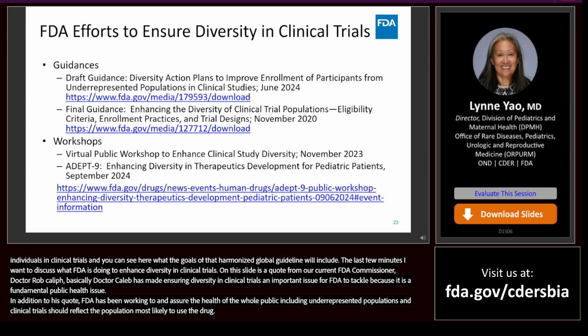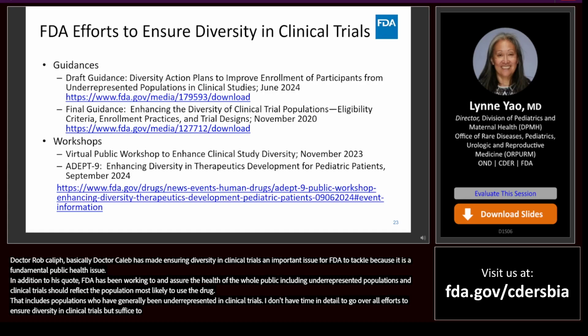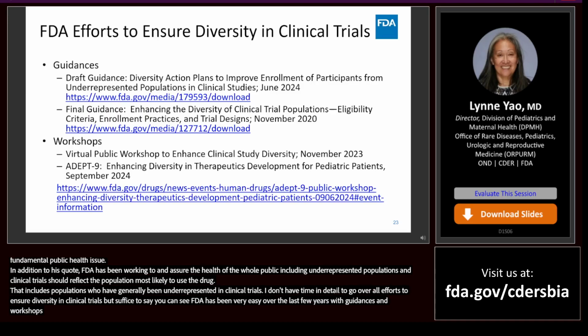And that includes populations who have generally been underrepresented in clinical trials. I don't have time to go over all of FDA's efforts in detail, but suffice to say, you can see that FDA has been very busy over the last few years with guidances and workshops to help sponsors understand and incorporate diversity in clinical trials.